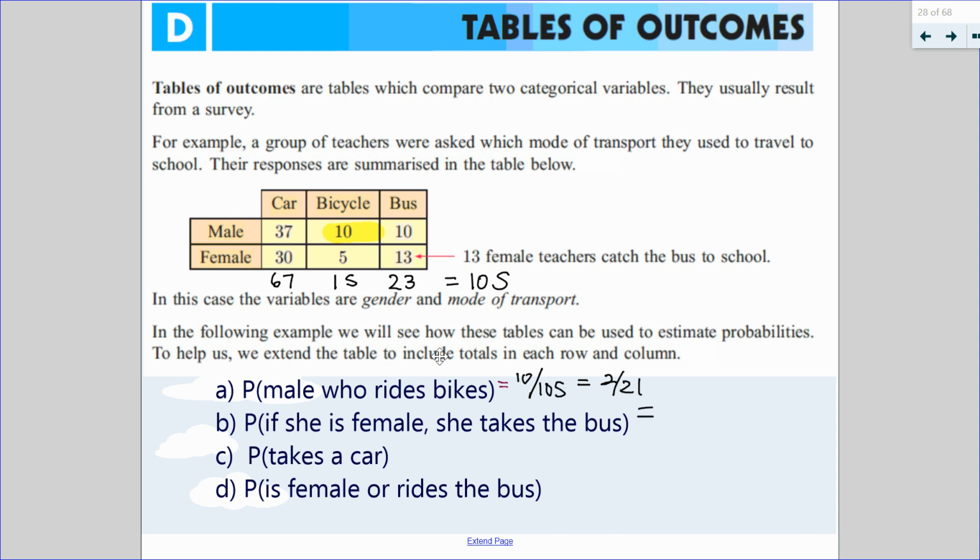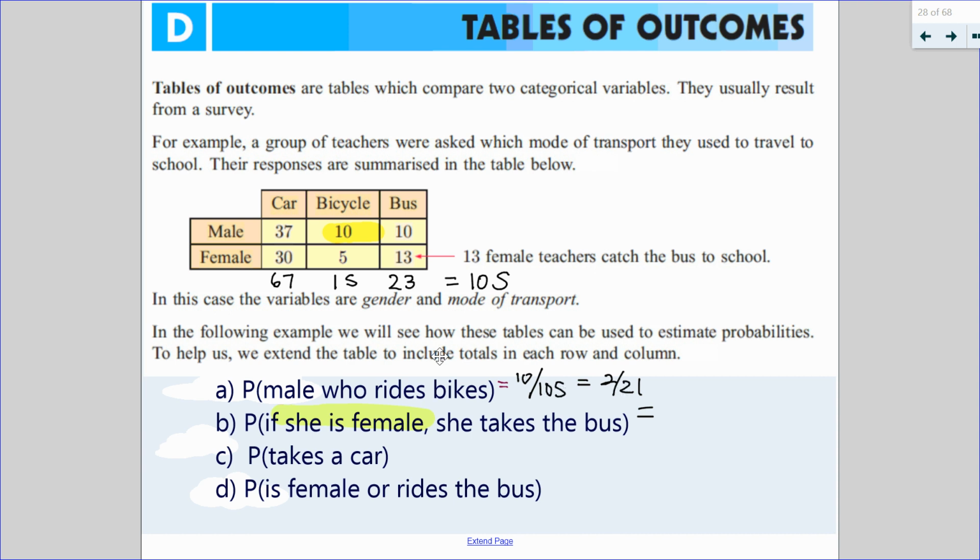Now this one is a conditional probability. So what they're saying here is, what's the probability if she is female, she takes the bus? So this means your denominator is going to be females.